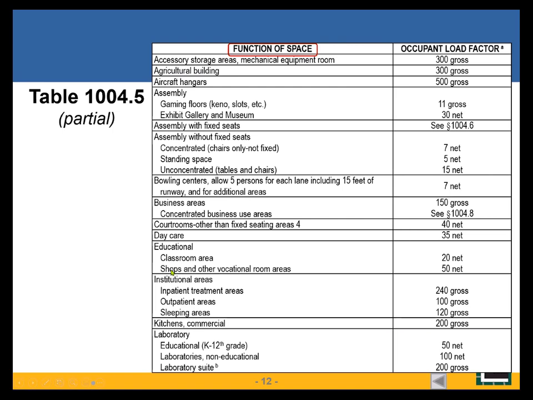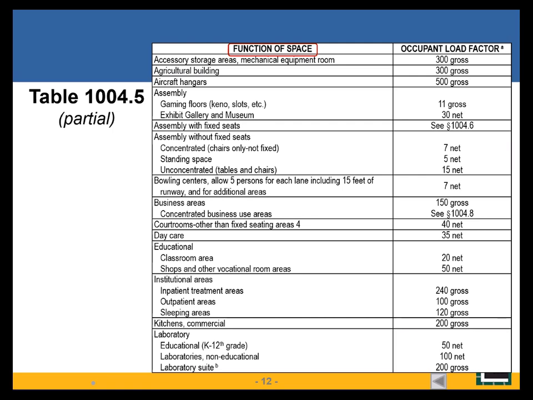It doesn't say Group E. It doesn't say Group B intentionally, because my educational classroom area, 20 square feet per person, my 20 would be applicable in the elementary school, the high school, both classified as Group E.